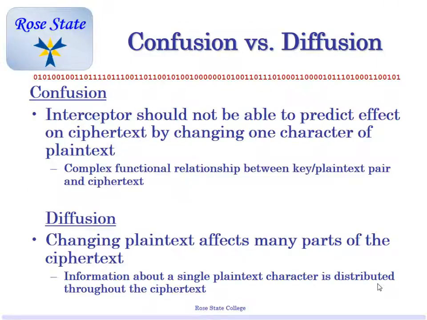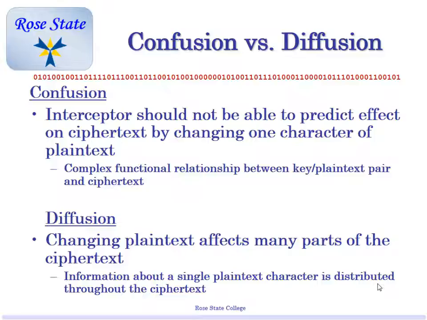Interceptors should not be able to predict the effects on ciphertext by changing one character. So if I have my plain text, and if I change one character, I should not be able to determine what happens in my output of the ciphertext. That's confusion. Okay. If we can change one character, then that's not good. Should be a complex functional relationship between key pair and ciphertext.